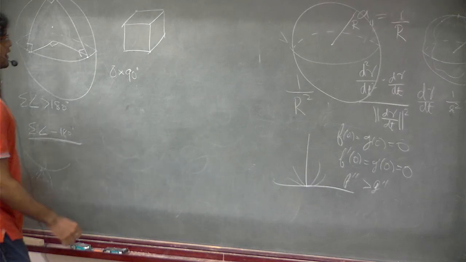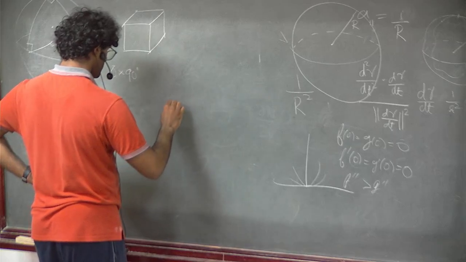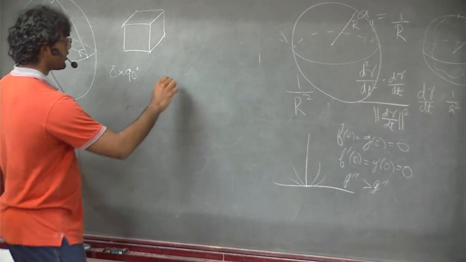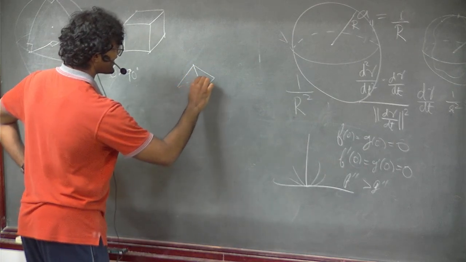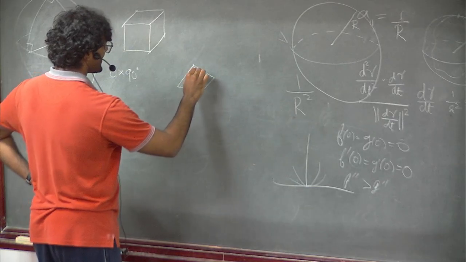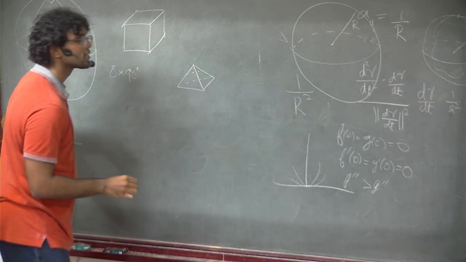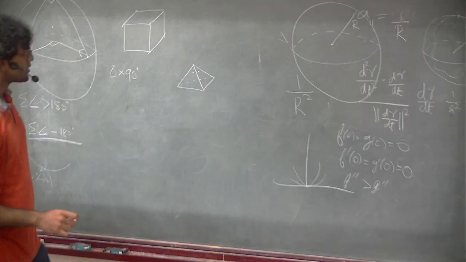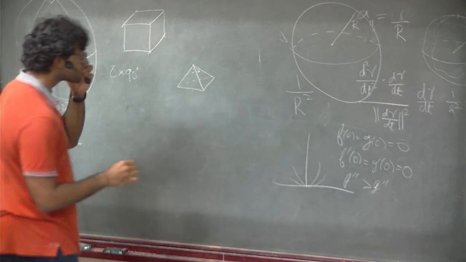Yeah, and for a tetrahedron, so tetrahedron is a little weird. I should have worked this out beforehand, so sorry. If you pick a vertex on each of the 3 things, you can just treat it as half of these 2 angles.